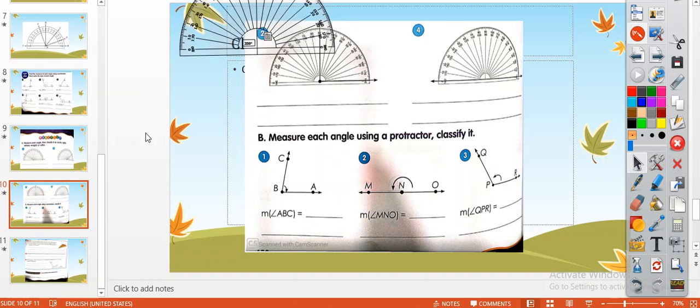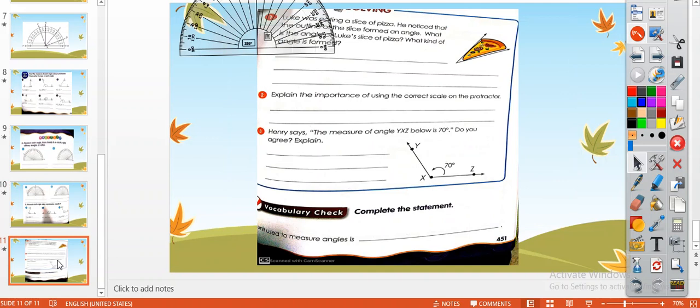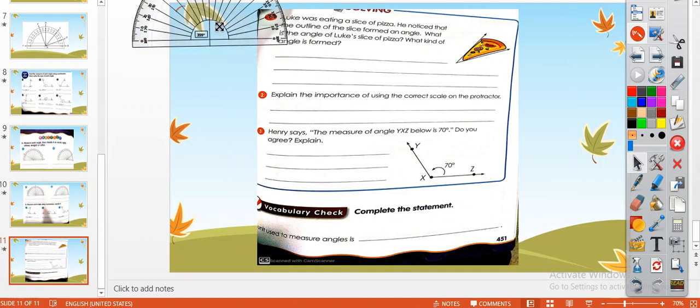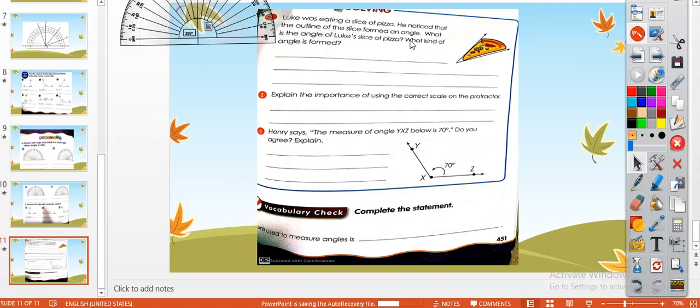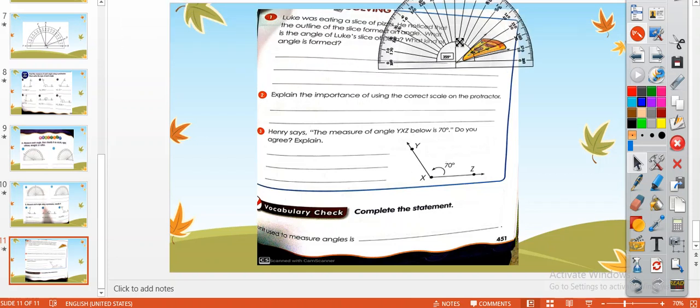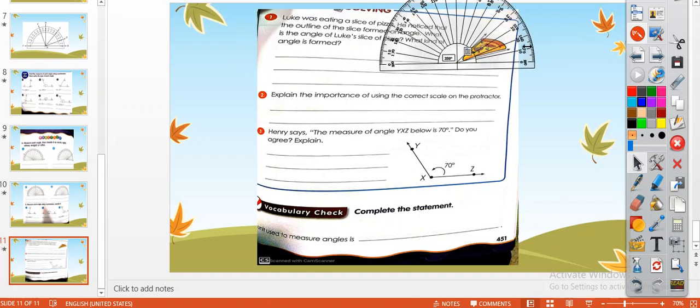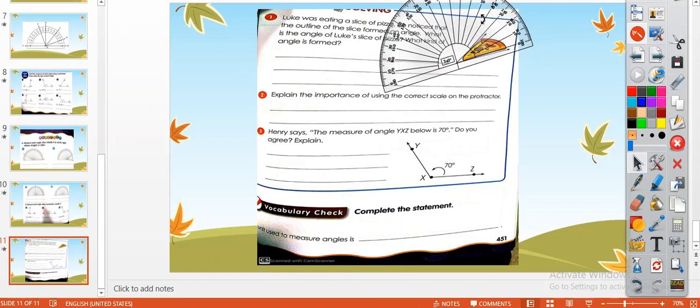Okay. Now moving to the last question there. Here, Luke was eating a slice of pizza. He noticed that the outline of each slice formed an angle. What is the angle of Luke's slice of pizza, and what kind of angle is formed? You're gonna take your protractor, place it on the pizza slice, okay, then measure it.